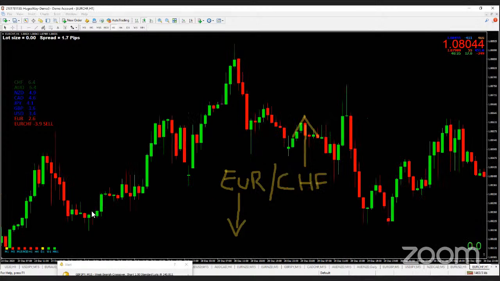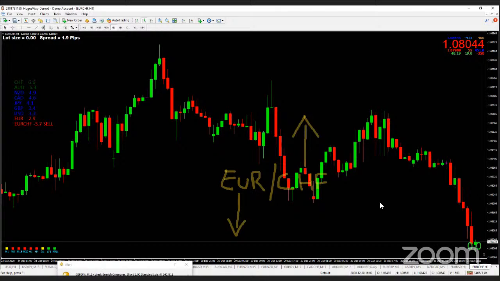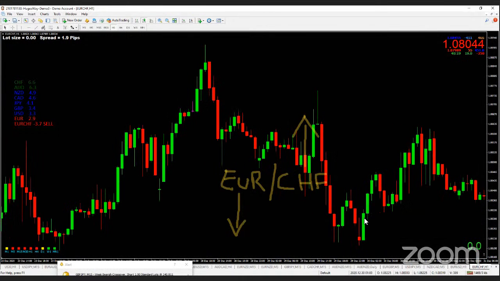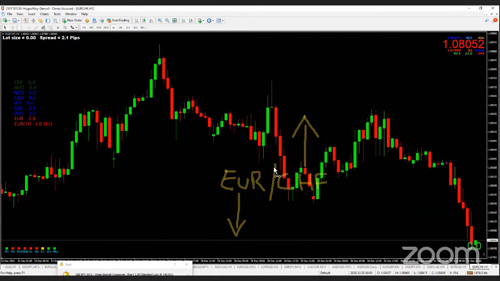Okay, so this is basically the currency strength meter we're having a look at. So we're going to consider another pair. Perhaps if we have time today, I might touch on how I would go on to trade this pair, having ascertained from the currency strength meter which direction the market is heading.